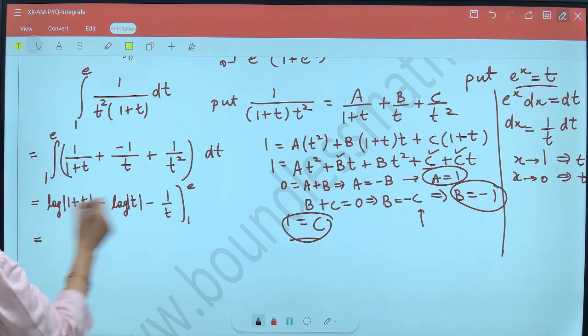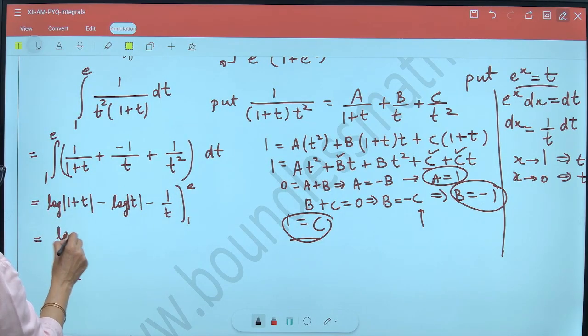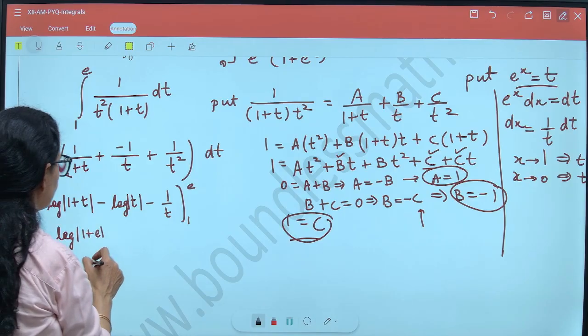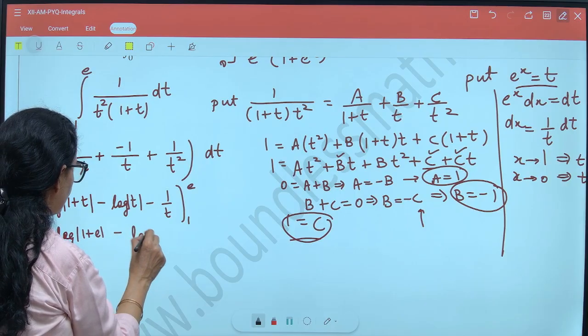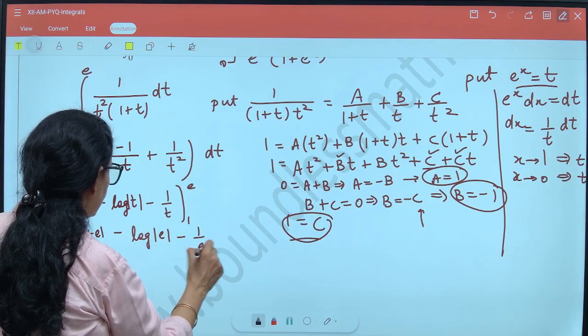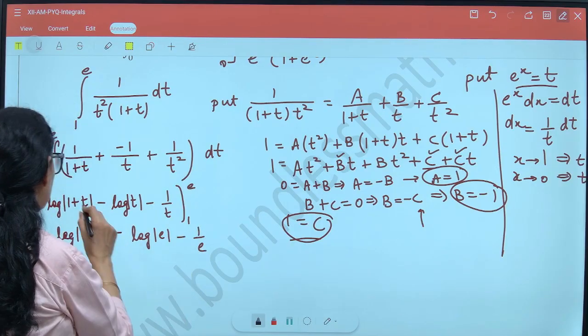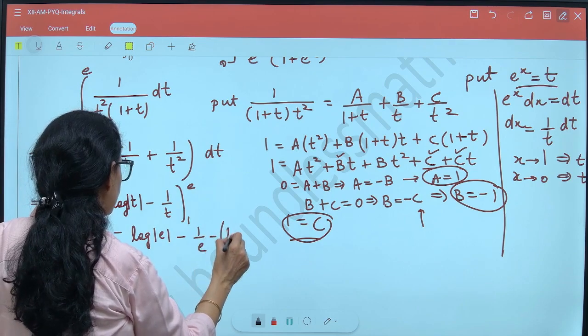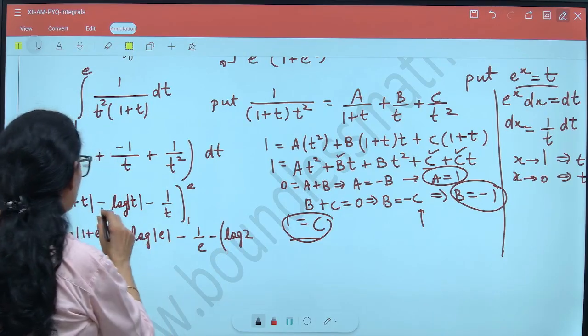So put t as e. It becomes log of (1 plus e) minus log e minus 1 by e, and then you put it as 1. 1 plus 1 becomes 2. So it is minus log 2.